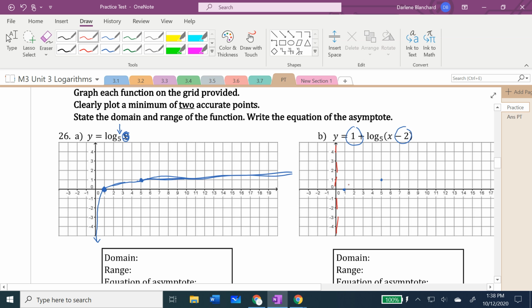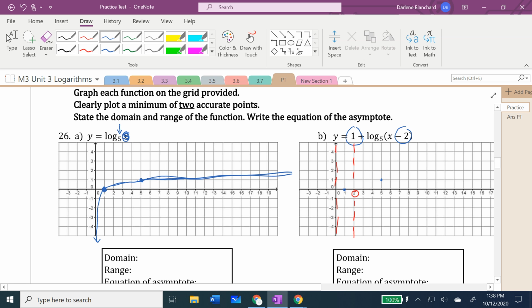If I move that asymptote right 2, moving it up 1 isn't going to matter, but right 2 helps me to find where that asymptote goes. You don't have to draw the asymptote if you show the graph heading toward that, but this may help you.